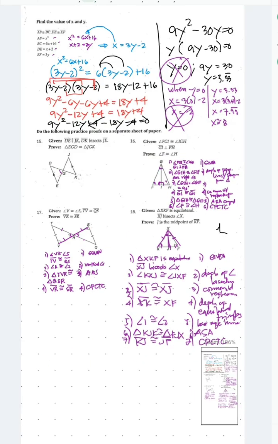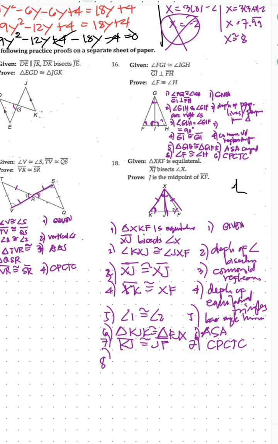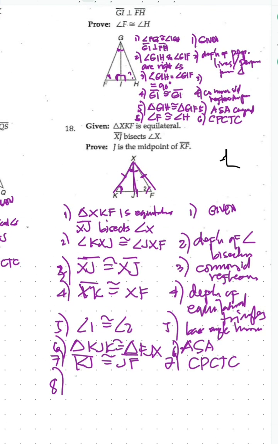Now, then the last one, that means J is the midpoint. Yeah, if JK is congruent to JF, then that means J is the midpoint of KF.